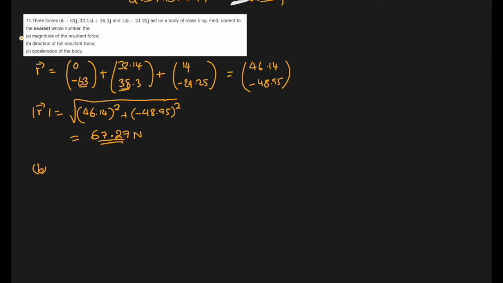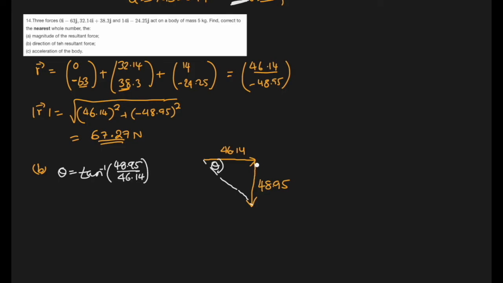B, direction of the resultant force. So 46.14 is in the positive direction this way, and 48.95 is downwards. So the resultant force will be in this direction, and this will give us the angle. This angle theta will be tan inverse of opposite 48.95 over 46.14.